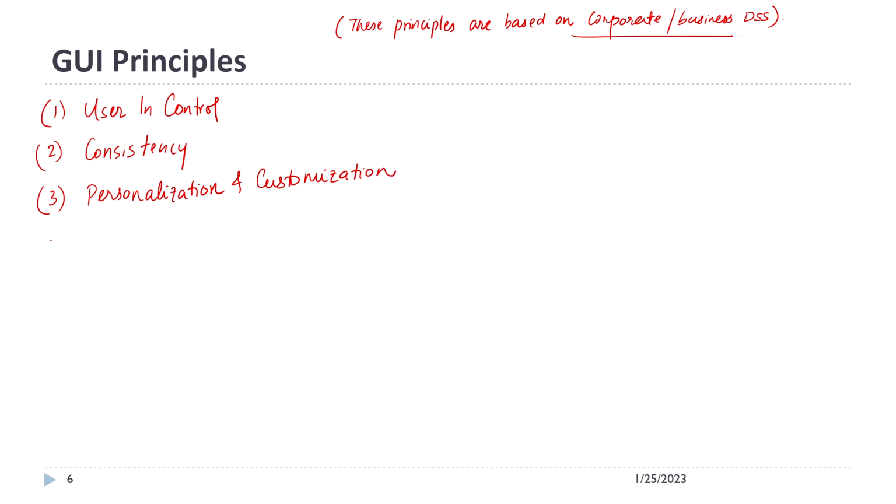The fourth one is forgiveness. The fifth one is feedback, and the last one, the sixth major one, is aesthetics and usability.